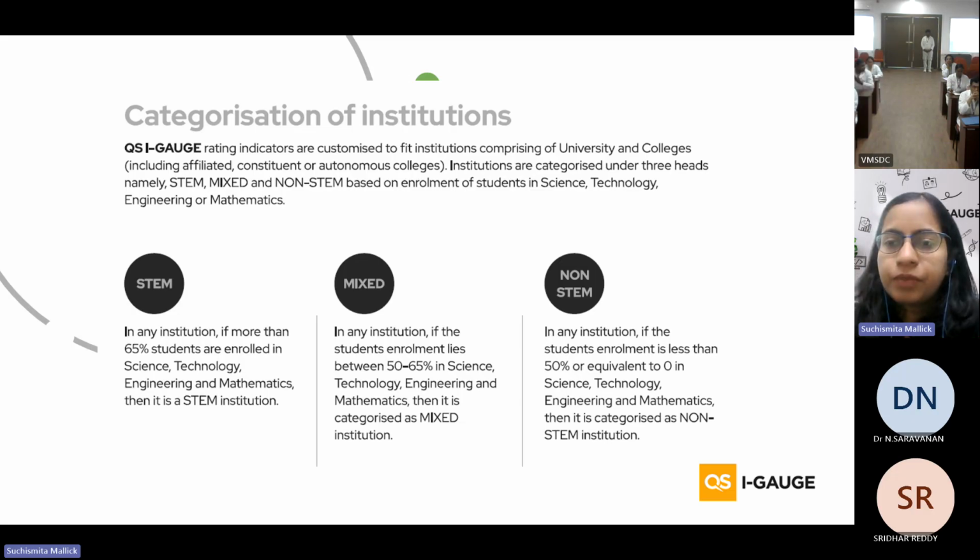Similarly, if the percentage is between 50 to 65%, then it would come under the mixed category. And if it is less than 50%, it would be considered non-STEM. So it is completely based on the student enrollment data.